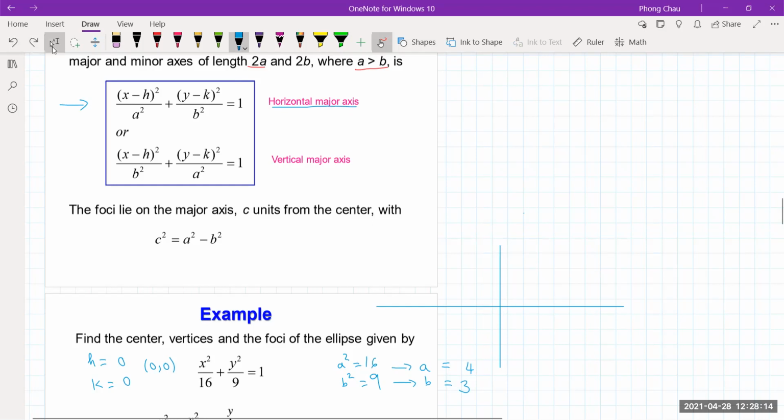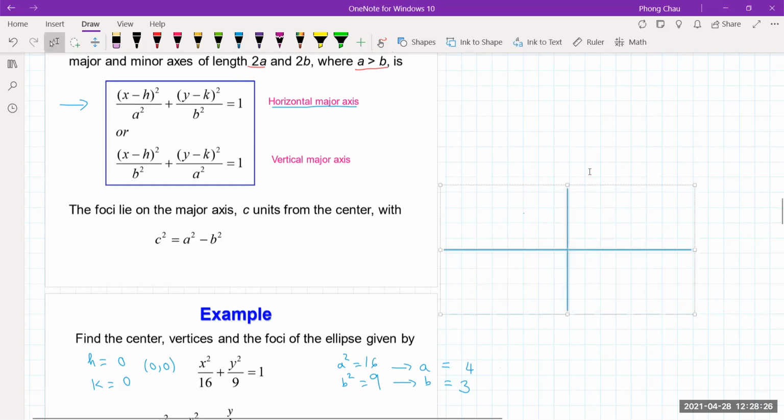Right, so I have the coordinates like this.